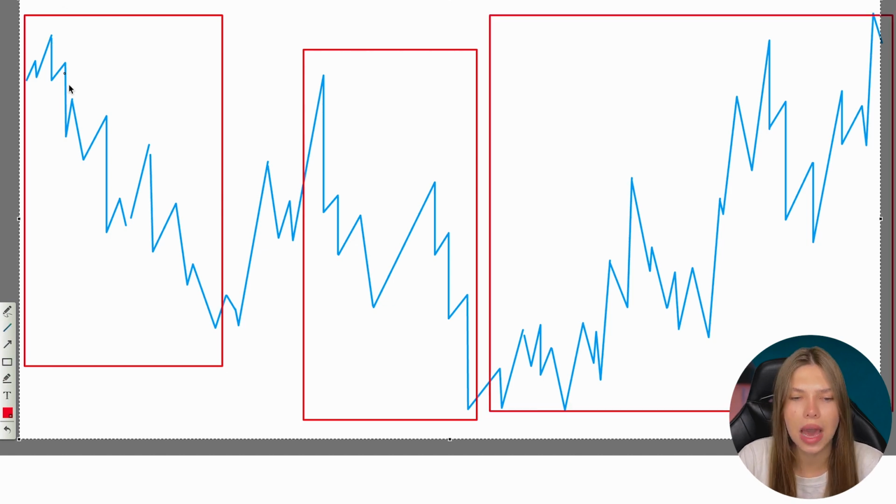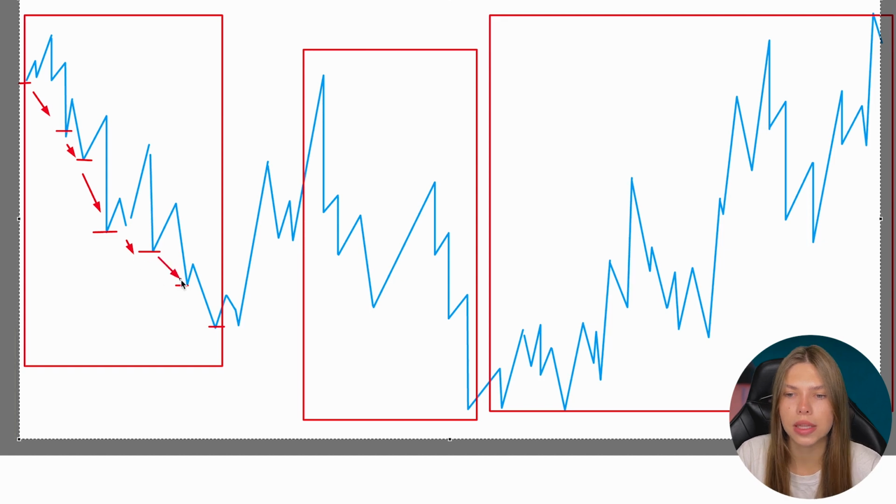We see how the price goes down, to make sure of the downward trend, our lows should be updated: here is our previous minimum, then the next minimum below the previous one has been updated, and the next one below is updated again. Every minimum is below the previous one. Accordingly, we have a downward trend here.